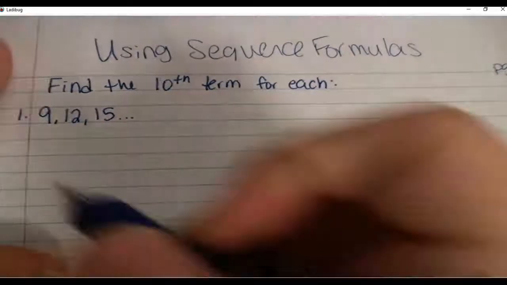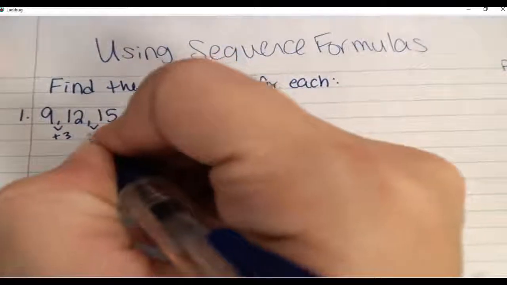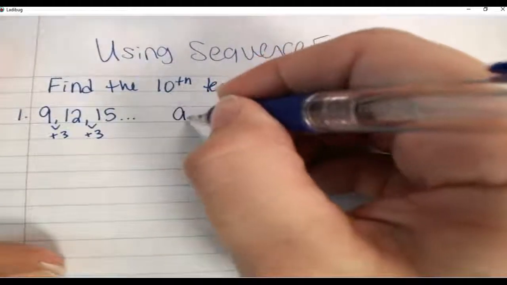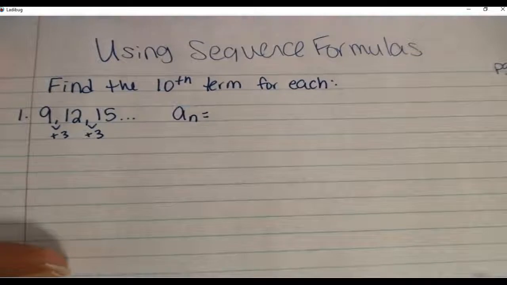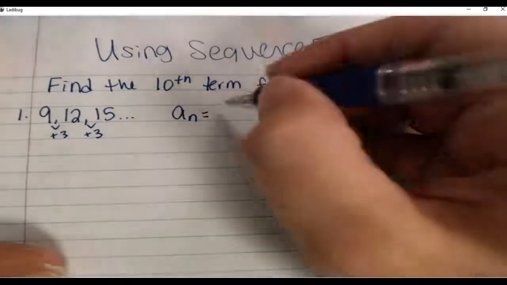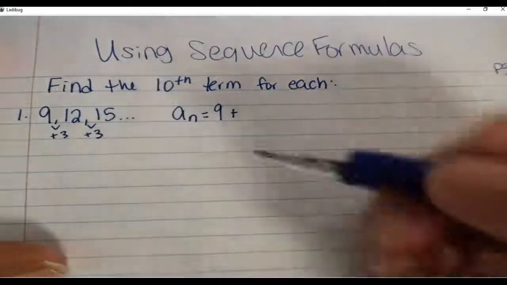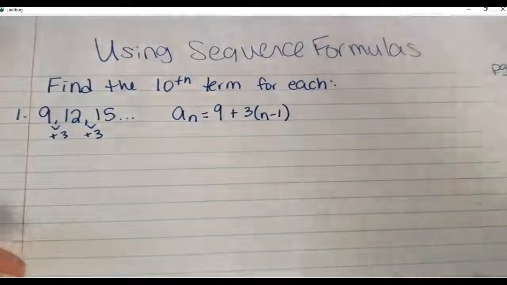Arithmetic, because what's happening each time? Yeah, we're adding 3. So then to write the explicit formula, it's a_n equals a_1, which is what? 9, plus our common difference, which we said was 3, times n minus 1.